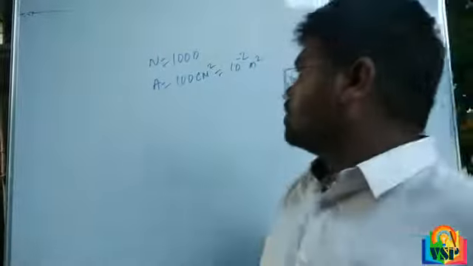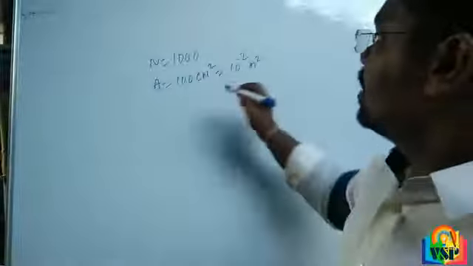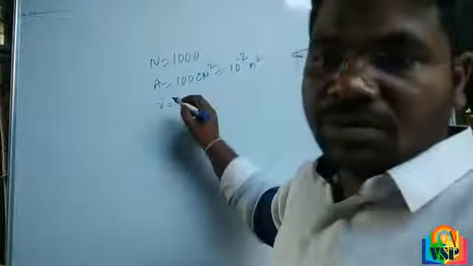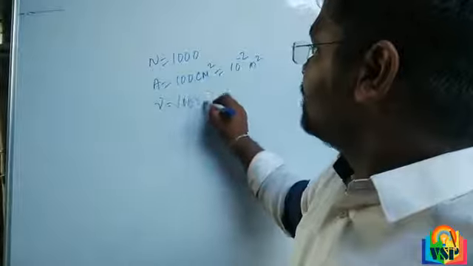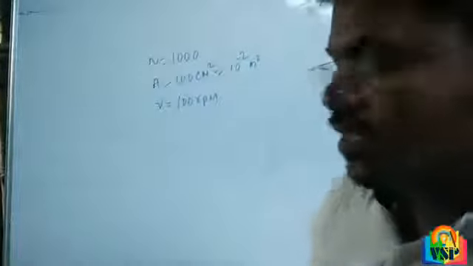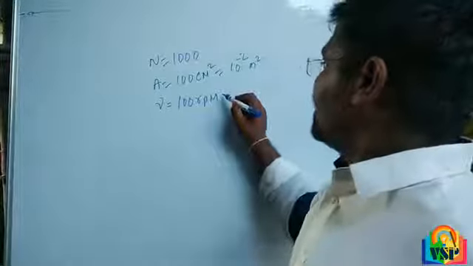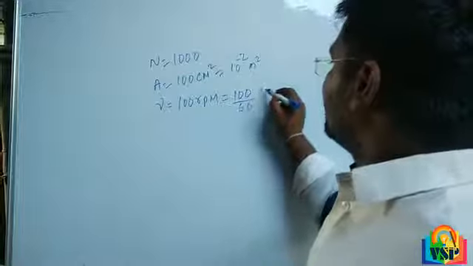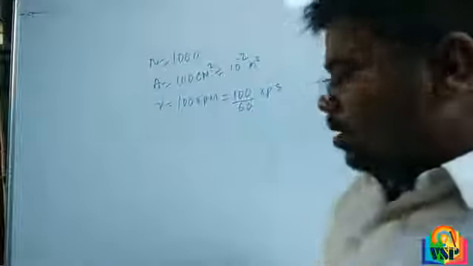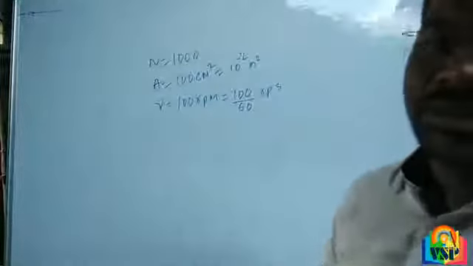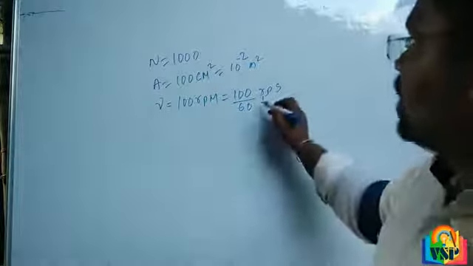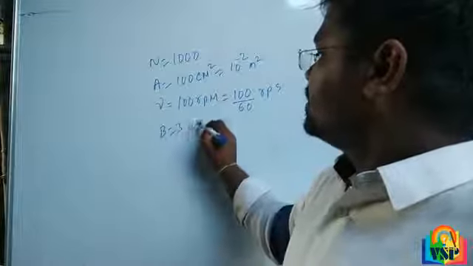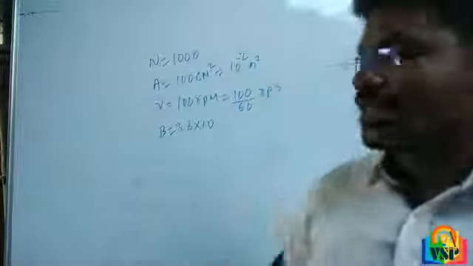And they given frequency ν equal to 100 rpm, revolutions per minute, that is 100 by 60 revolutions per second. With respect to second we have to take. And B is equal to 3.6 into 10 power minus 2 Tesla.